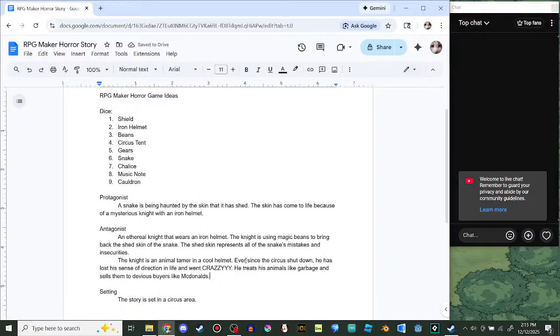I don't know if the McDonald's thing is going to be in the game, but it's just something I came up with. It used to thrive with tourists.